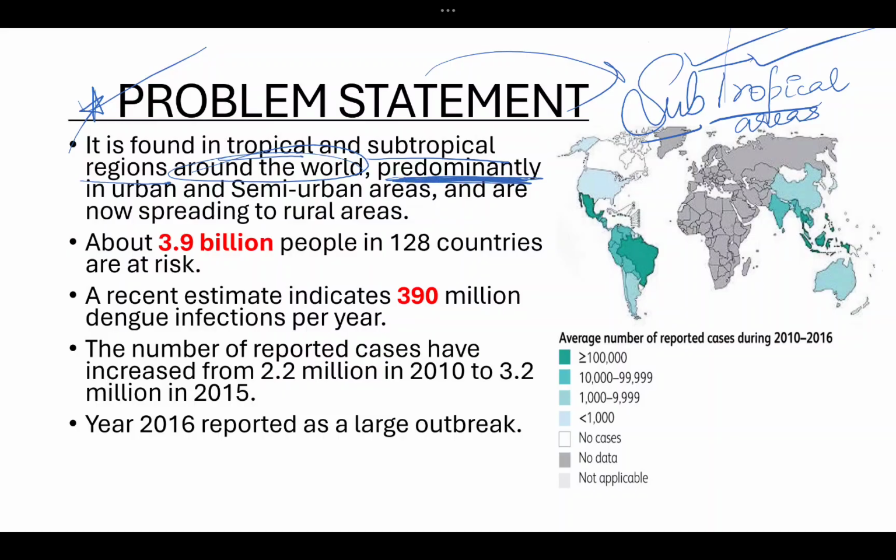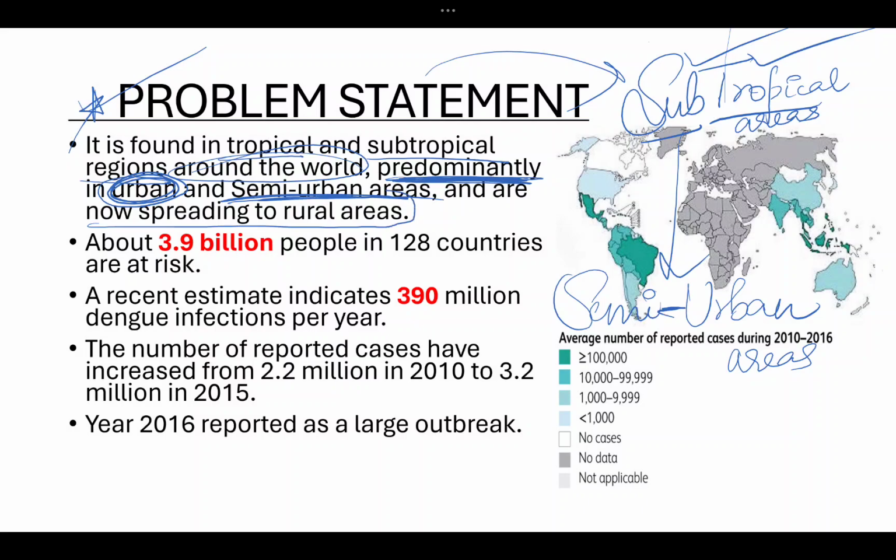Most commonly, it is seen in urban areas and semi-urban areas, and it is now spreading to the rural areas.